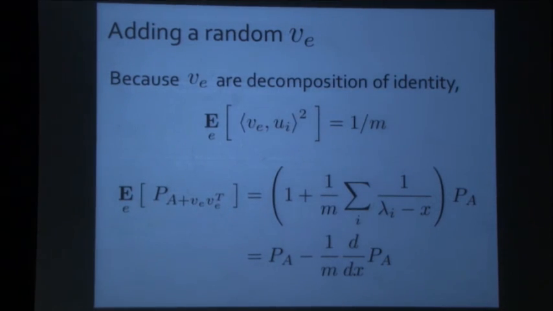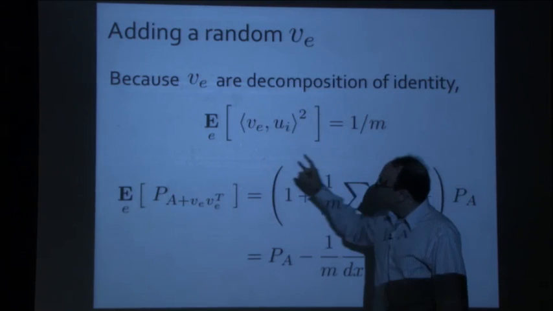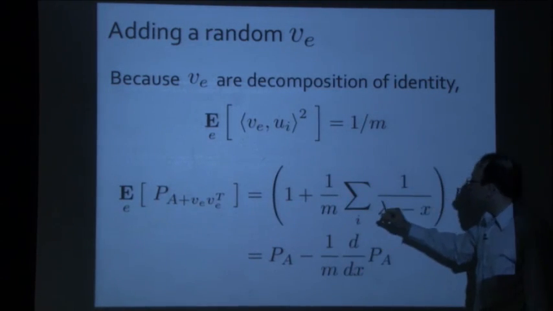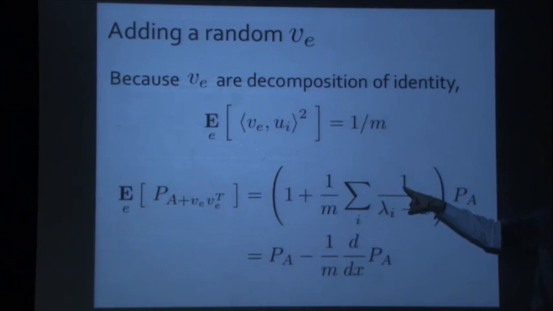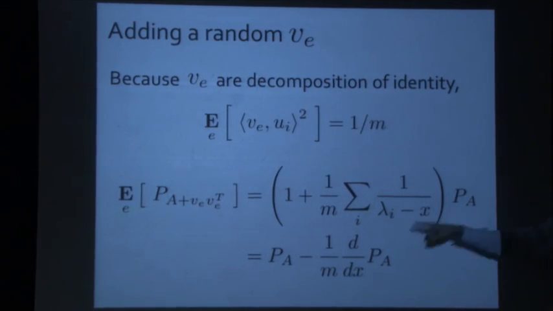So in expectation, I can understand what happens to the characteristic polynomial when I add a random vector that's a decomposition of the identity. If I take a random vector and add it to A, all of the terms up top, at least in expectation, work out nicely. And the way the characteristic polynomial updates is I take the old characteristic polynomial and subtract off 1 over m times its derivative.